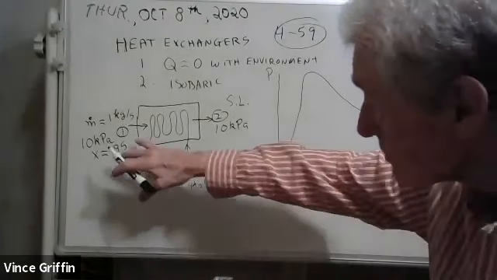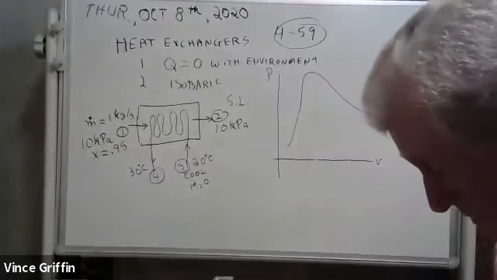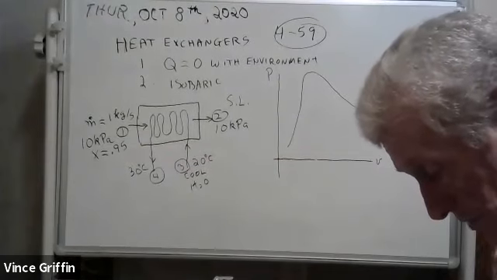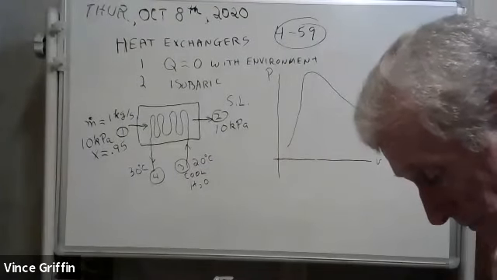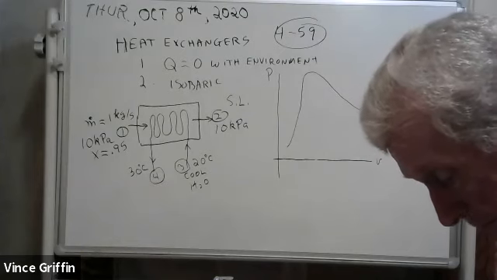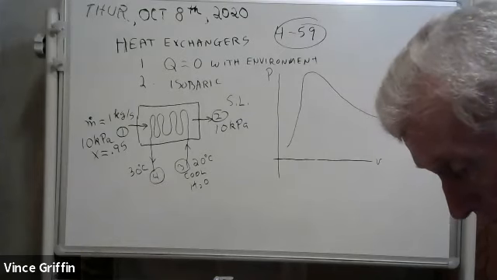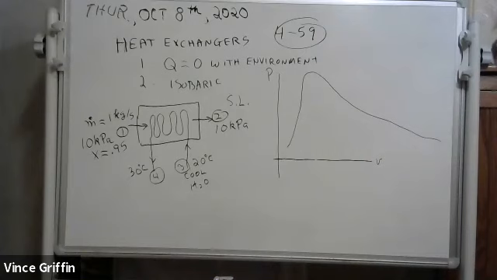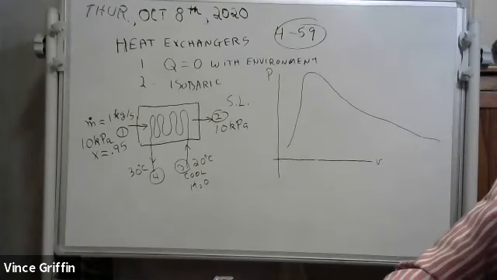And let's find this state 1 at 10 kilopascals. Go to the saturated chart. Find 10 kilopascals. I found it. You know what? It's way up high in your table, so that means it's way down low in your PV diagram.